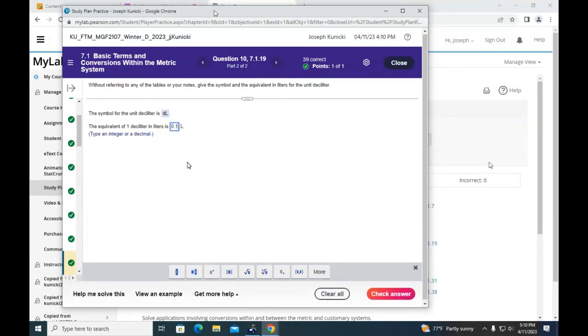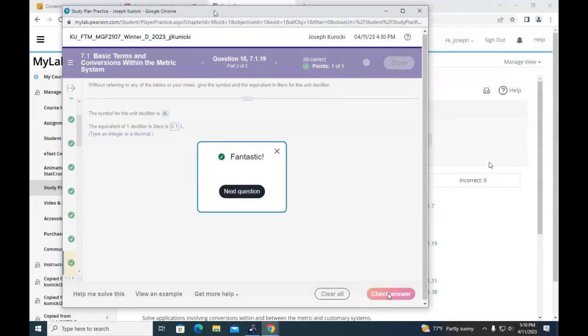Right? See, that's what the d means. The d means 1/10. So if I write dL, what I'm really saying is 1/10 liter, but we don't say 1/10 liter, we say deciliter. And that's what the d on this table says. You can see for a d, it's 10 to the minus 1 or 0.1.